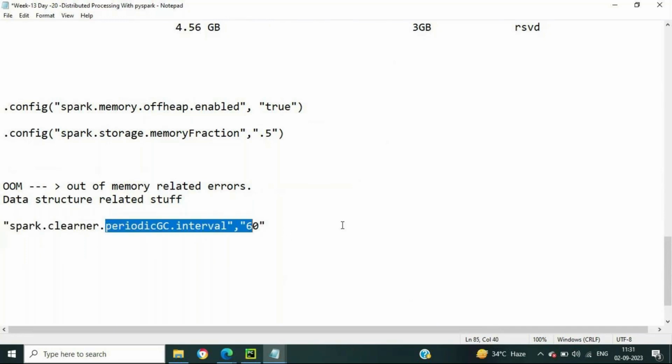Garbage collection is like, once we utilize certain objects, once we create data frames and all, certain objects are created, and if those objects are not in use, they will be treated as garbage. If we have too much garbage inside the memory, that is off heap memory, that will slow down the processes. So we need to clear that garbage in order to boost the performance.